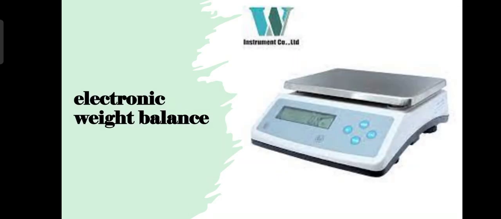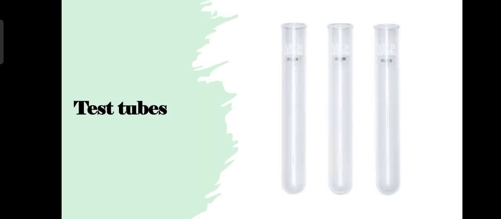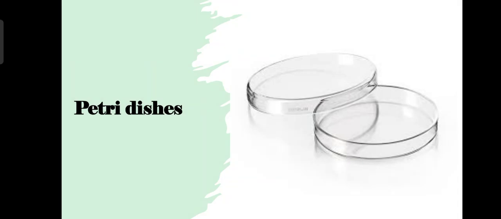Electronic wet balance, used to measure samples. Microscope slide, used to hold objects for examination under a microscope. Test tube, used to hold, mix or heat samples. Petri dishes.